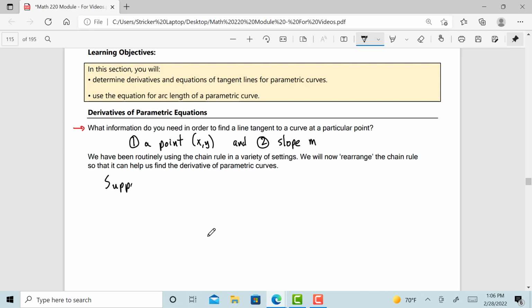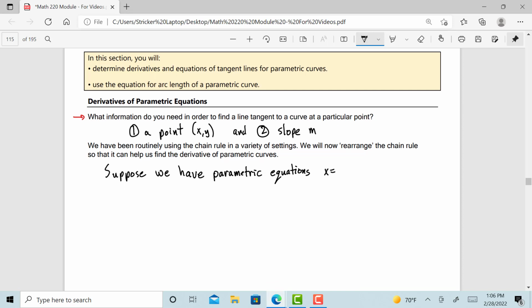Suppose we have parametric equations x equals f of t and y equals g of t that represent a curve y equals big F of x.